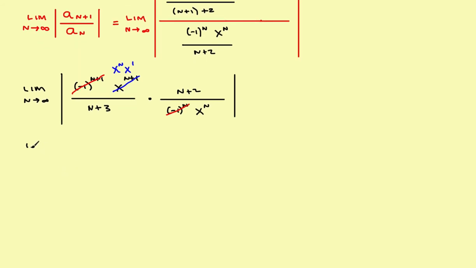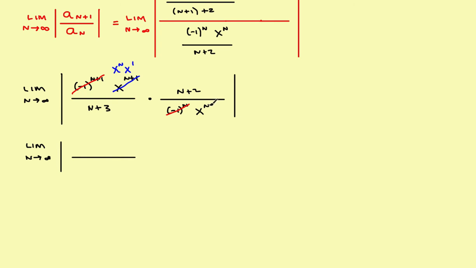So that gives me the limit as n approaches infinity of the absolute value of, now in the numerator, I'll do them in red here. Well, we'll go ahead and just cancel these out. So in the numerator, I've got an x to the n.